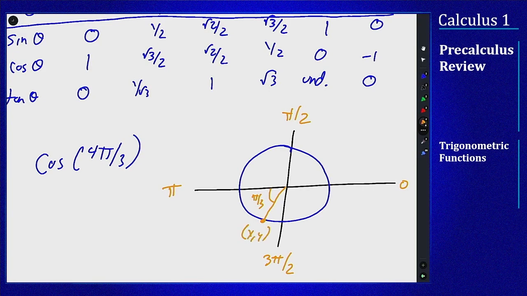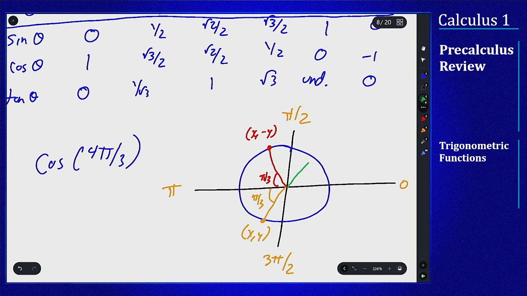If I flip this angle up vertically instead, so instead of going down from the negative x-axis pi over 3, I go up instead, so this angle is pi over 3, I've just reflected over the x-axis. So I've made my y-coordinate negative, but kept the x the same. I can play this game one more time to get me back into the first quadrant, where now this angle is pi over 3.